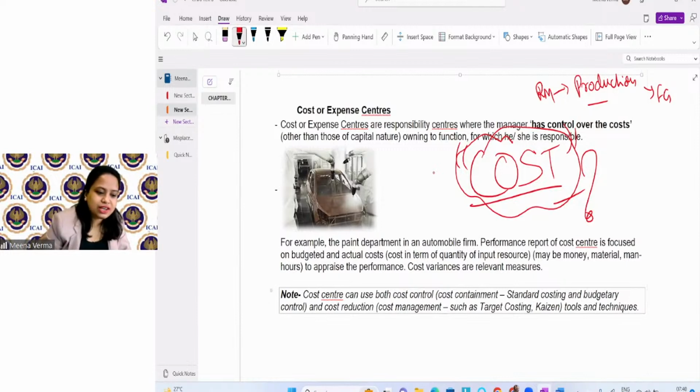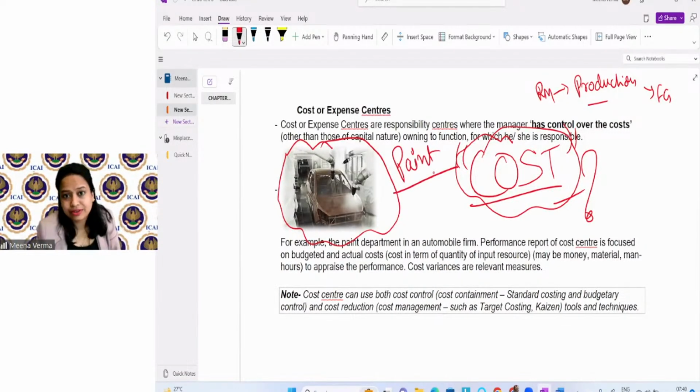So they have just taken an example, a place in the organization which is just responsible for painting of cars. Where people are just engaged in painting of the car, they're just incurring the cost. They are labor, they are painting the car, robot, labor, or whatever.